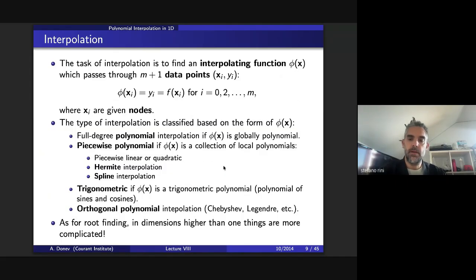So the type of interpolation functions that we are interested in have different qualities that we wish to use in different contexts. The first one that we like are polynomials, because for example, the multiplication and the sum of polynomials give rise to very simple expressions.